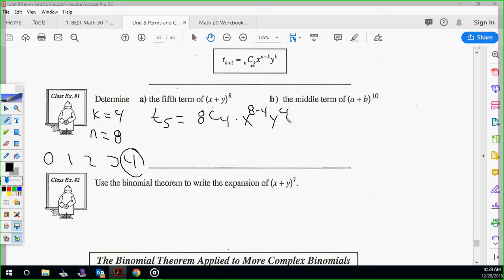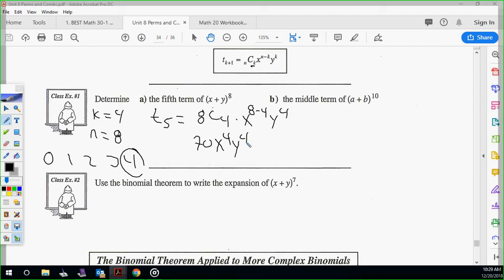And we're going to simplify it. So 8c4, if you calculate it, is 70. 8 minus 4 is 4. It's x to the 4, y to the 4. That's your fifth term in that one.